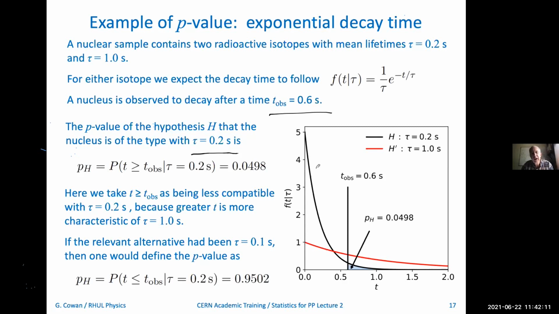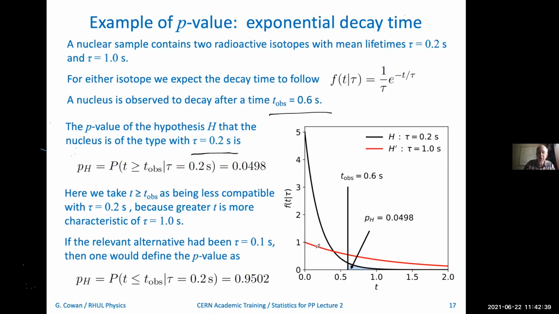So if you look at the plot here, the sketch shows the exponential distribution with 0.2 seconds in black. That's the hypothesis whose p-value I'm trying to compute. And then in red, the 1 second mean decay time. And I've observed 0.6. And you might say, well, that's a bit incompatible with 0.2. What would be even less compatible?